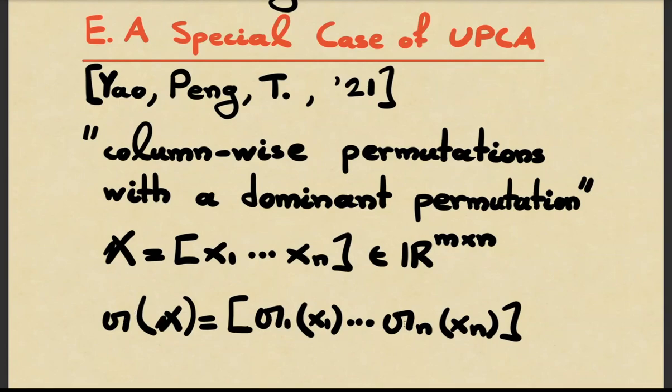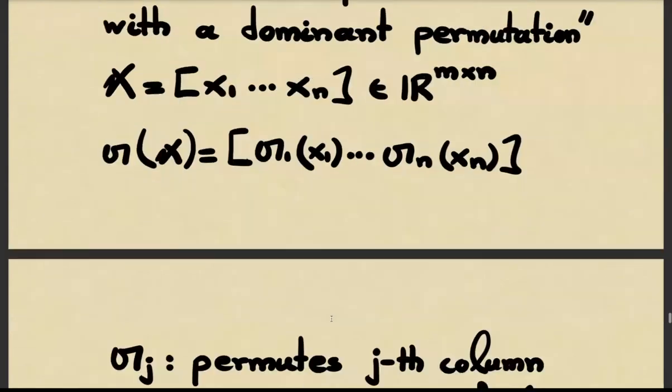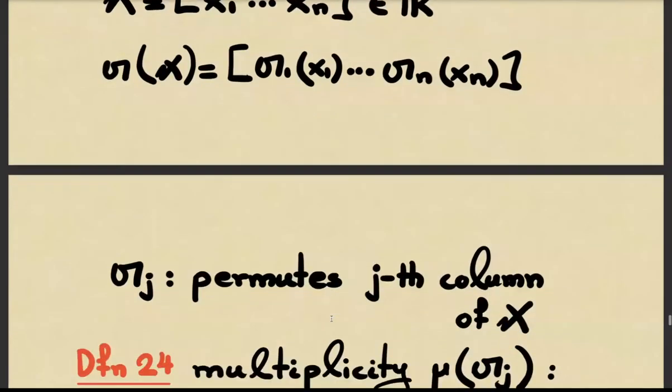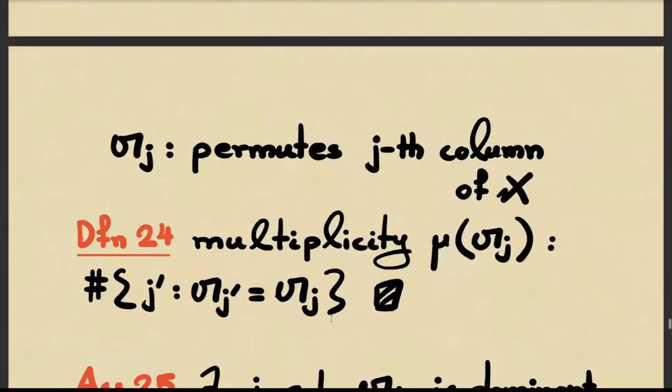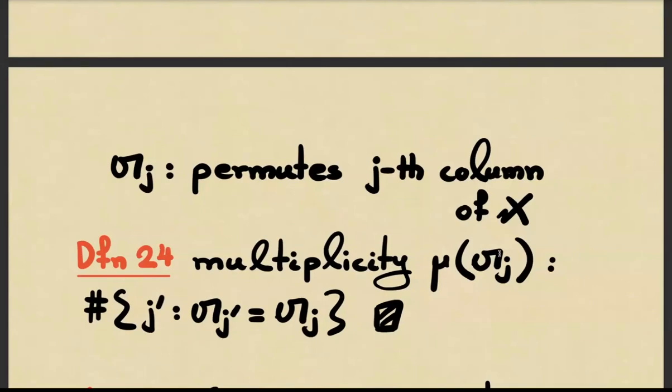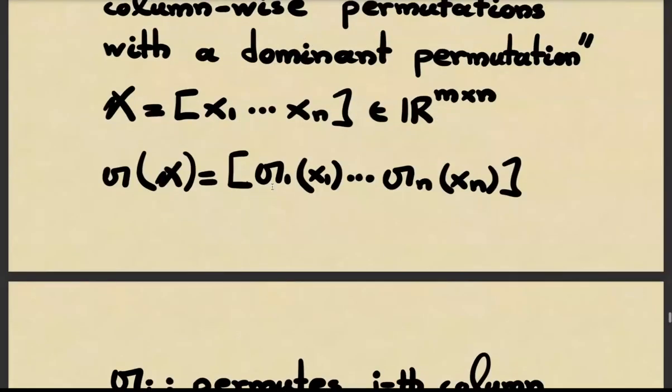So here pi 1 up to pi n is just a permutation that permutes the entries of the column. And let's define the multiplicity of a permutation as the number of times this permutation occurs. So here you see we have pi 1, pi 2, pi 3, up to pi n. Some of them might be equal. Maybe pi 1 is equal to pi 2.